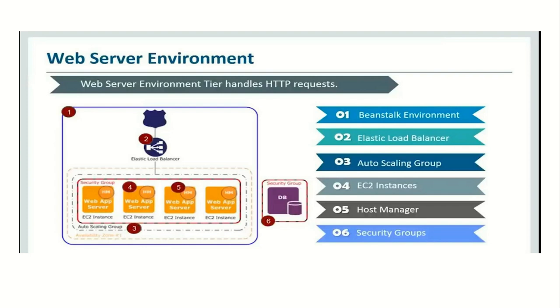Moving on, we have something called Elastic Load Balancer. Let's say our application is receiving a lot of requests. So what Elastic Load Balancer does is it distributes all the requests among different EC2 instances, so that all the requests are handled and no request is delayed. What actually happens is, when we launch an environment, a URL is created, and this URL in the form of a CNAME is made to point to Elastic Load Balancer.